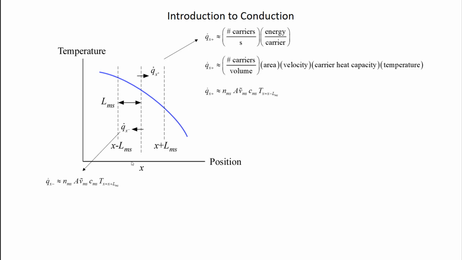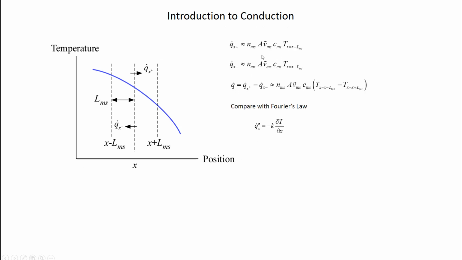Right? So if I want the net heat transfer through the plane, all I've got to do is subtract the stuff going from right to left from the stuff going from left to right. I'm going to subtract the stuff going in the negative x direction from the stuff going in the positive x direction. And that's going to give me Q dot, which is the net rate of heat transfer, right? And so that's what I did.